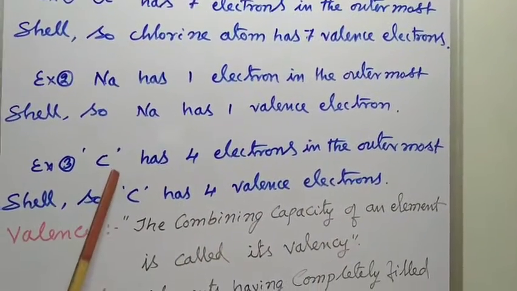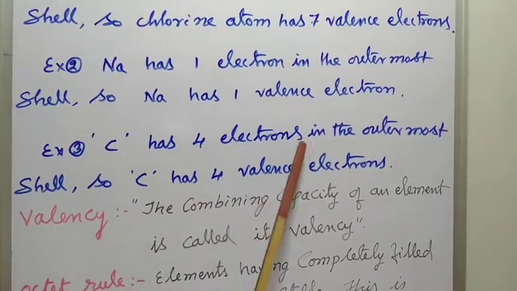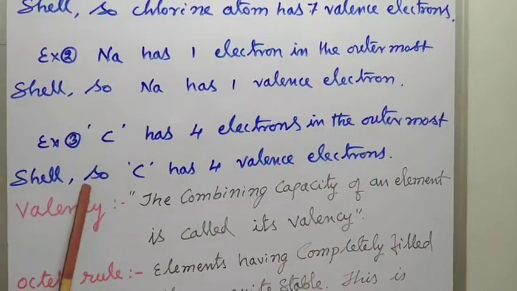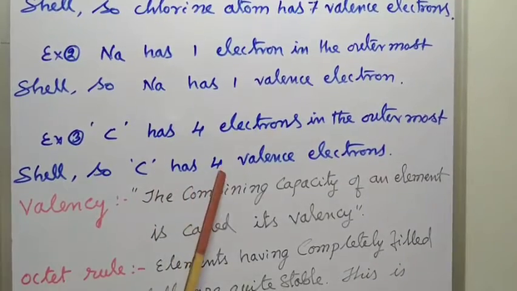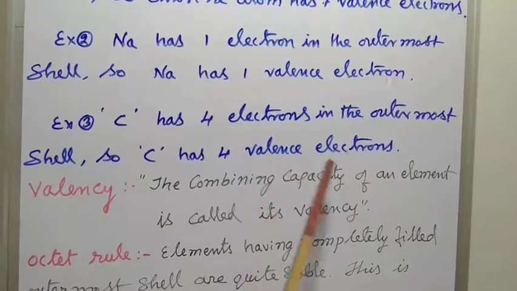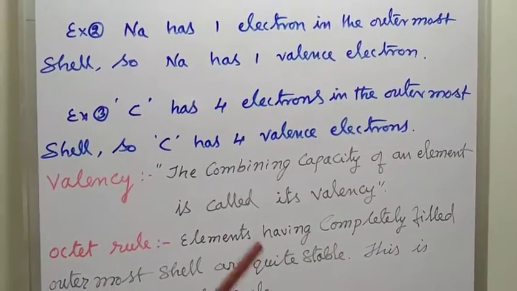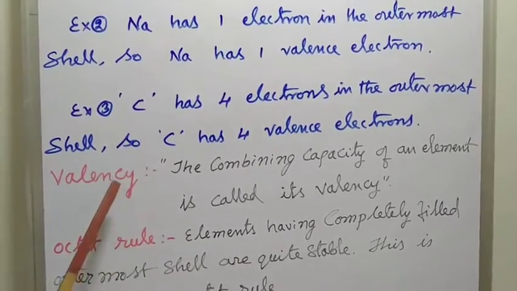Let us take another example. Carbon has 4 electrons in the outermost shell, so carbon has 4 valence electrons. That is valence electrons. They are very important in the chemical reaction.